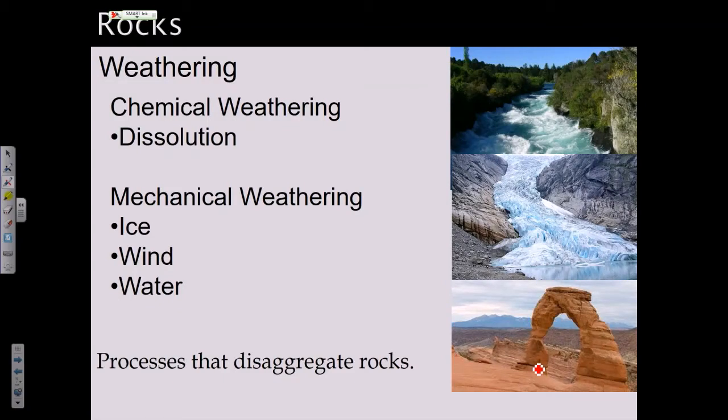Other processes like oxidation are common, as well as a process called hydrolysis. That's chemical weathering. Acids, typically like carbonic acid, interact with the rock to break it down into minerals and ions. And those ions and minerals either get left at the surface, or in the case of ions, they get dissolved in water and carried down to an ocean.